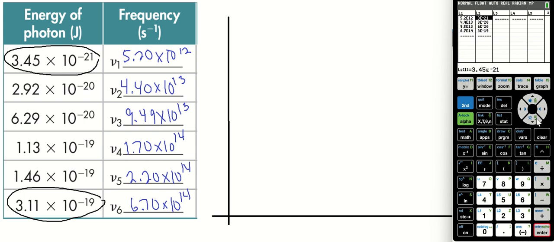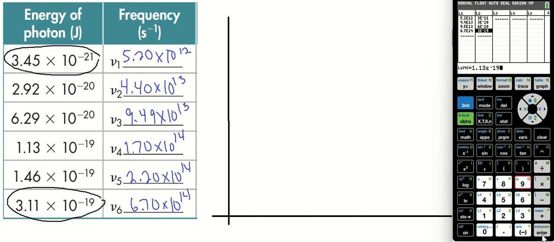I'm reading down there. 3.45, 21, 2.92, 6.29. Oh, I hit the wrong number. Okay, that's the problem. Alright, so that one's supposed to be 1.13 times 10 to the negative 19. Oh, wait a minute.